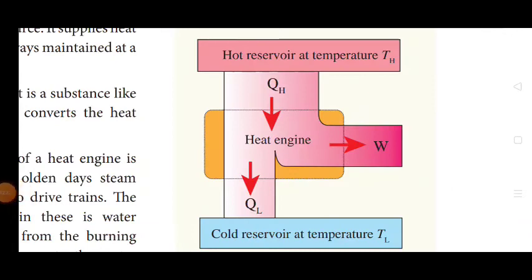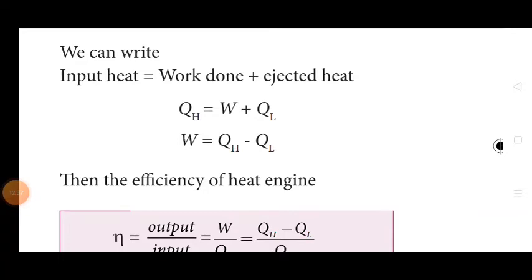The heat flows from the hot reservoir to the cold reservoir at the temperature TL. We can write input heat is equal to work done plus ejected heat: QH = W + QL, or W = QH − QL.